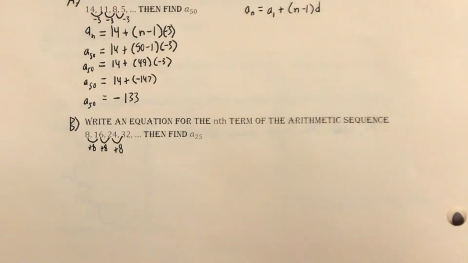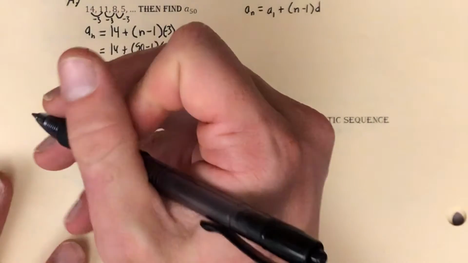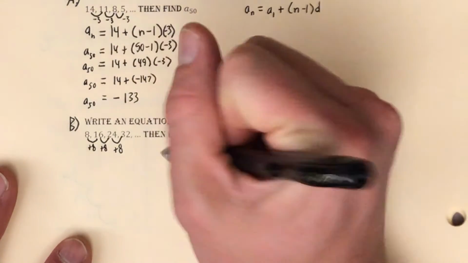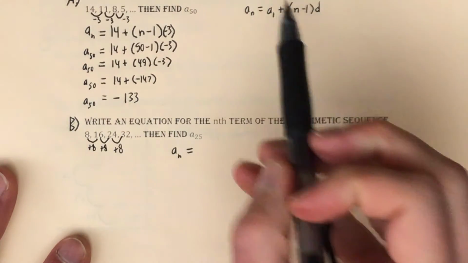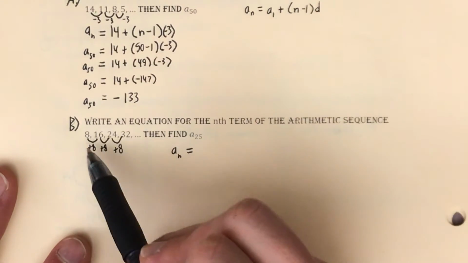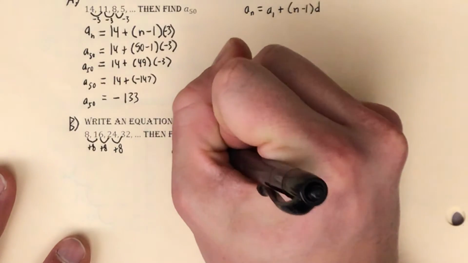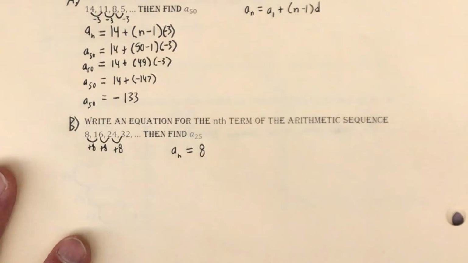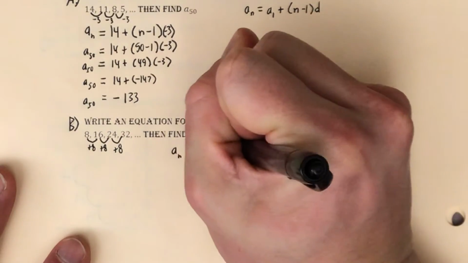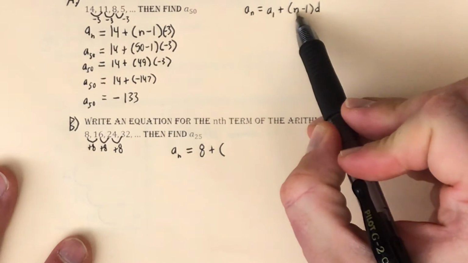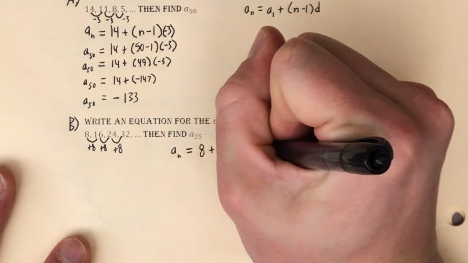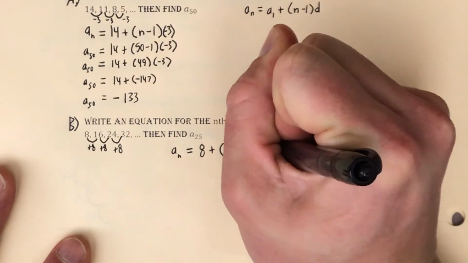So if I go to write the nth term, again, remember that means it's going to be a of n equal to, well, what is a of 1? Well, a of 1, my first term, was 8. All right, very good. Plus parentheses, well, that would be n, and we don't know what n is, so we're going to leave it as n, minus 1.